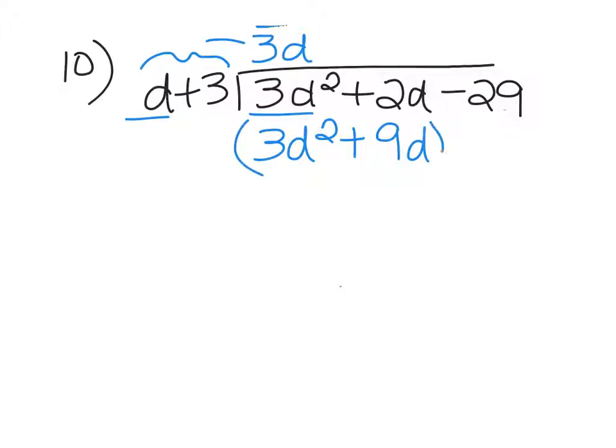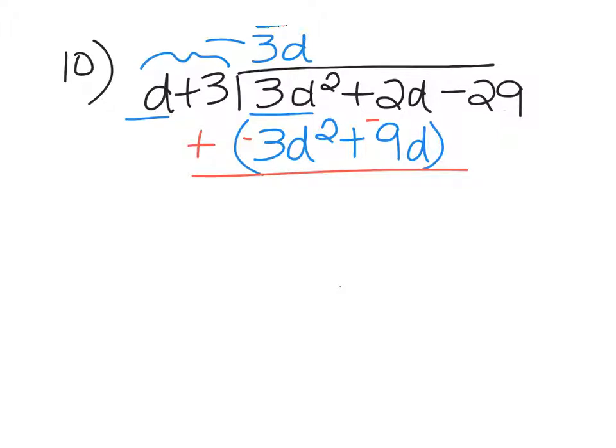I'm going to need to subtract all of this. When I subtract, what I'm really doing is distributing that negative. So negative 1 times 3d squared is negative 3d squared, and negative 1 times positive 9d is negative 9d. So now I can just combine everything.